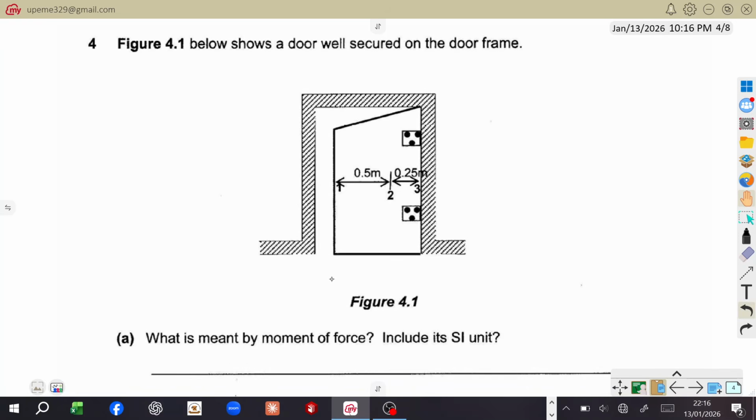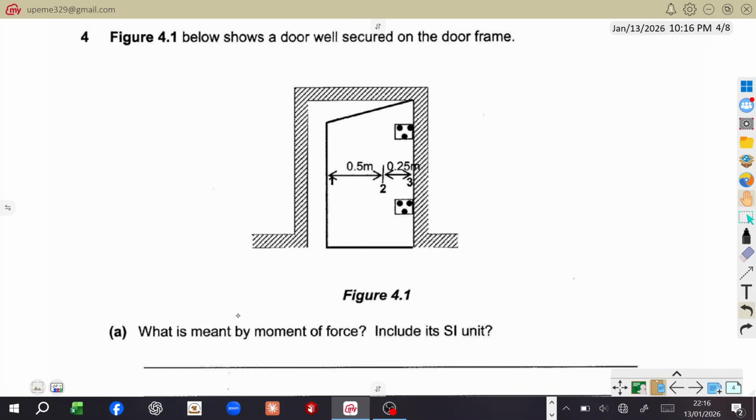This question is also from Moments, but when someone just looks at it, they'll say, what is this question all about? It says figure 4.1 below shows a door well secured on the door frame. A door is here, well secured, meaning it is fixed. This part here is the door frame.